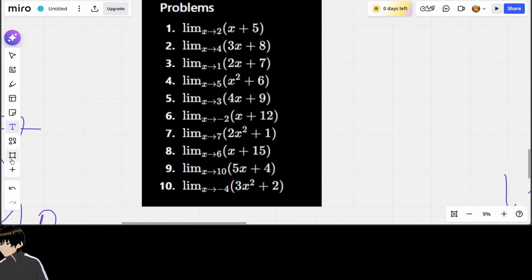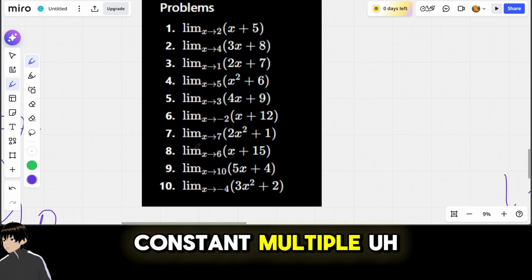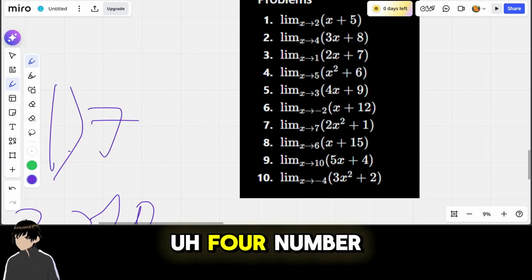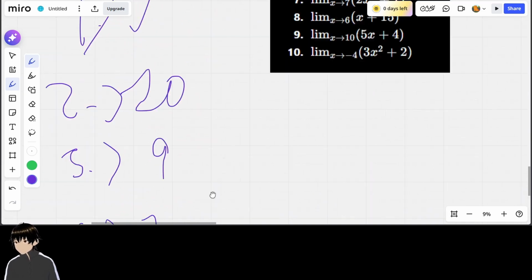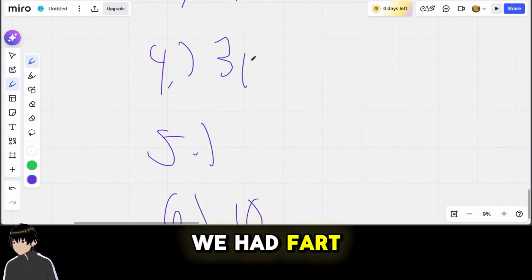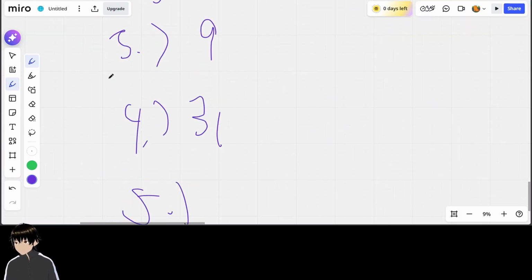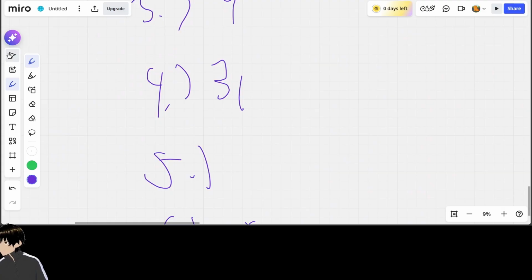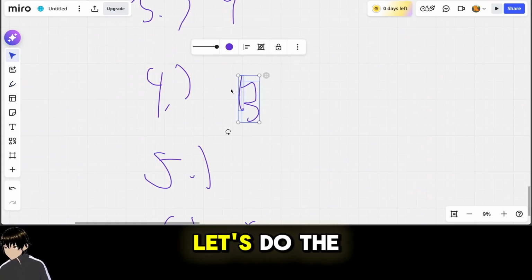Now we have a constant multiple. We have the fourth number. That's actually wrong here. We had the fourth number first. Alright, let's do the fourth number.